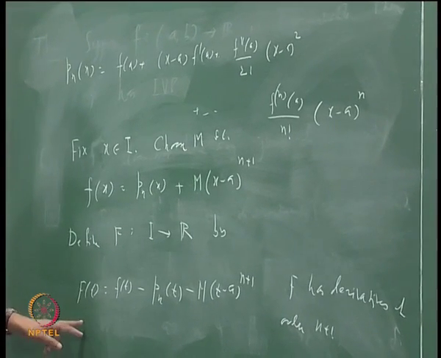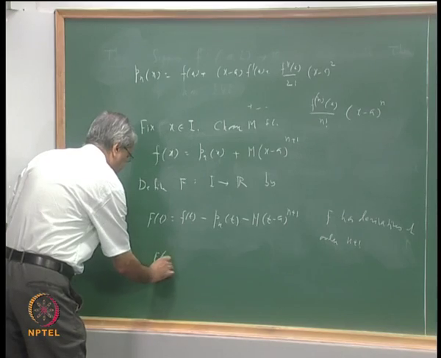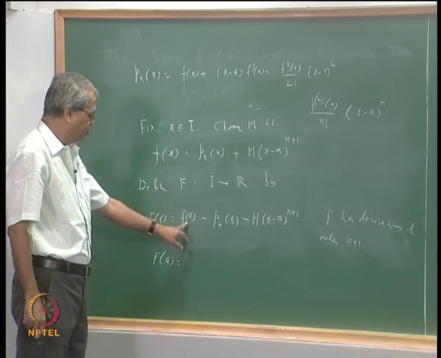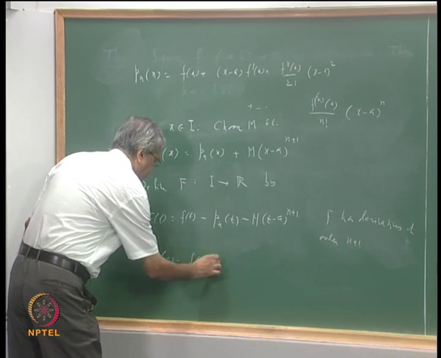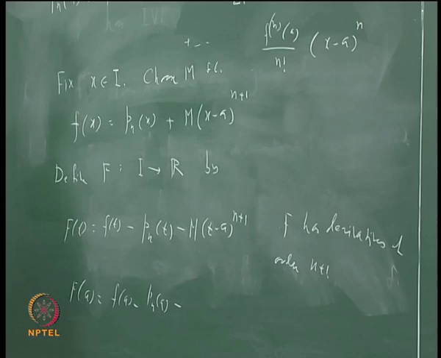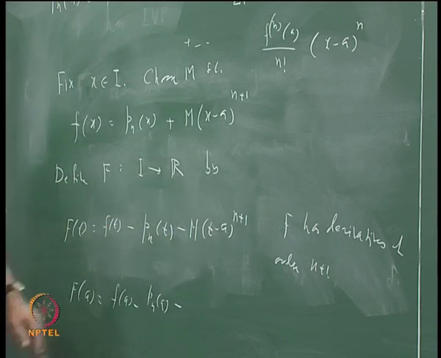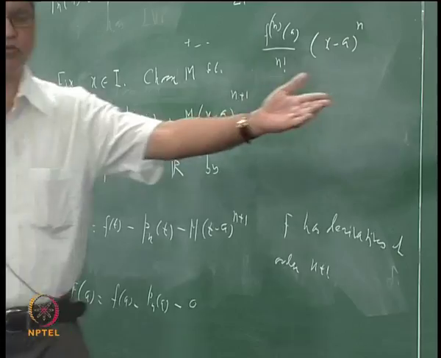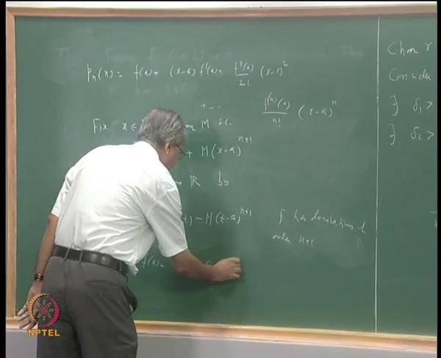One more thing, what is big F at a? It is small f at a minus Pn at a minus, put t equal to a here, so that is 0. So minus 0. But what is f of a minus Pn of a? In fact that is our starting point, both of them are equal. So this is 0. So big F of a is 0.